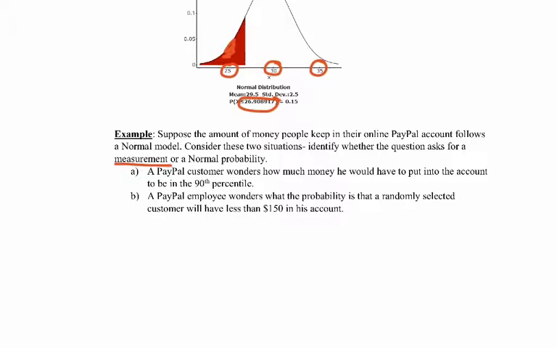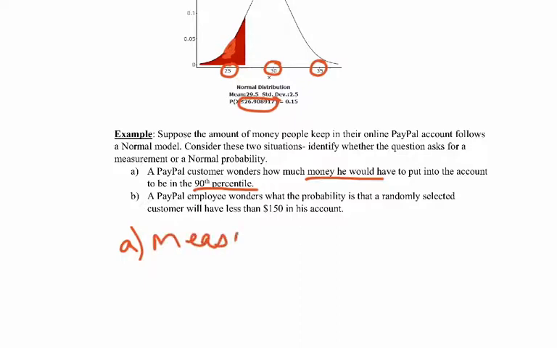Part A says, a PayPal customer wonders how much money he would have to put into an account to be at the 90th percentile. 90th percentile means 90% of your data is below this particular number, how much money he would have to put in. So what are they looking for in that case? They're giving you the 90th percentile, that's your probability.